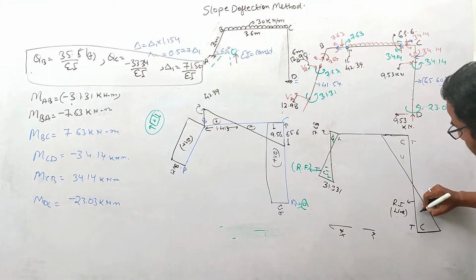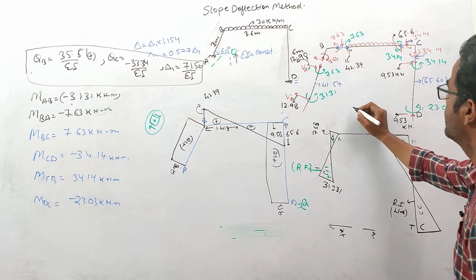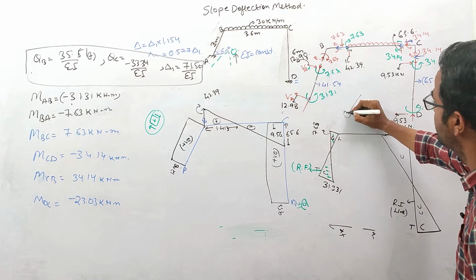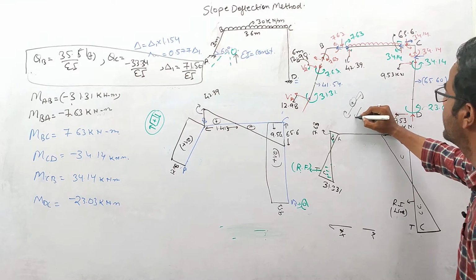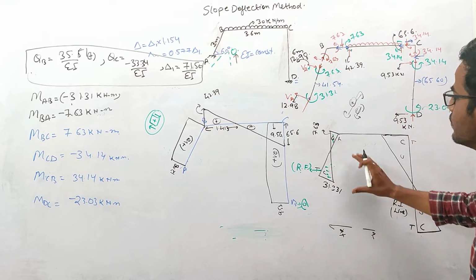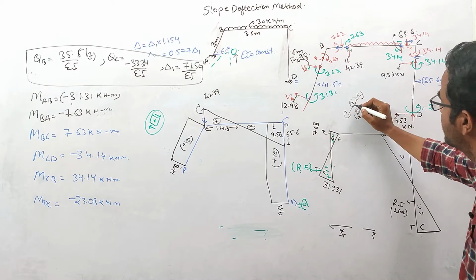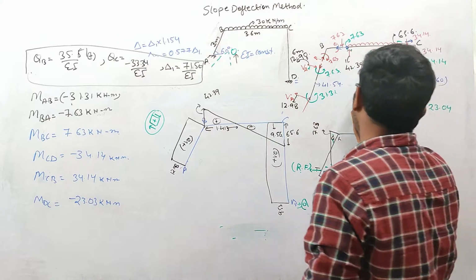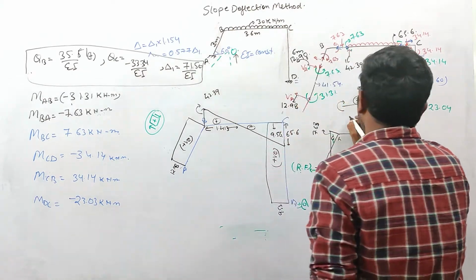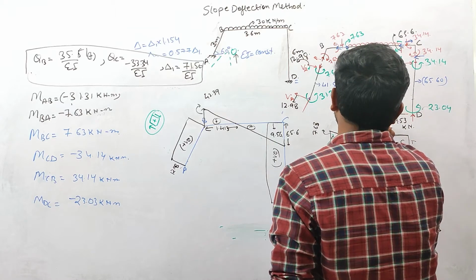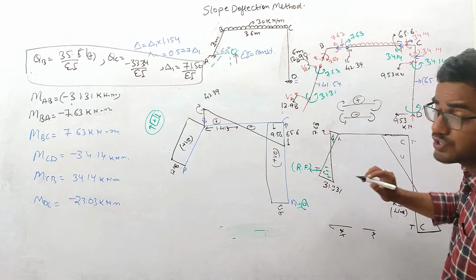This is compression, again this is compression. Generally sagging is considered positive and this is considered negative. If you rotate this by 90 degrees, as in longitudinal beams where we assume sagging positive, we get the same assumption over here.